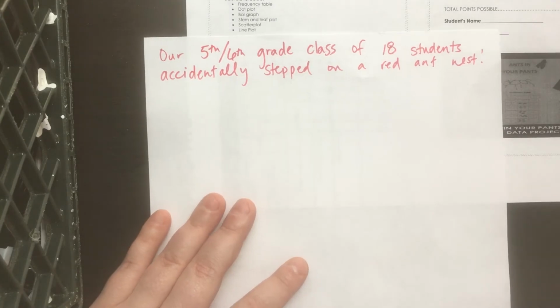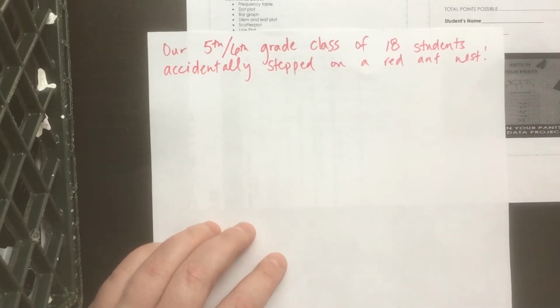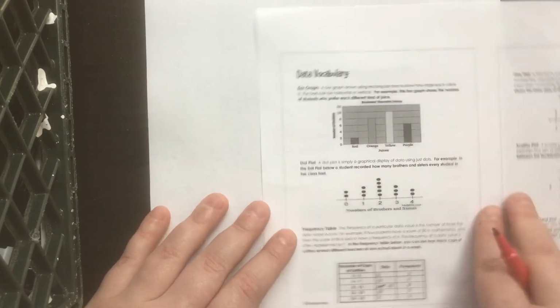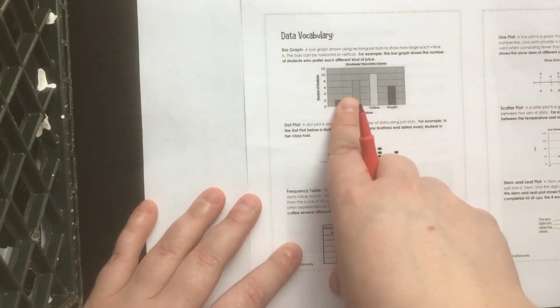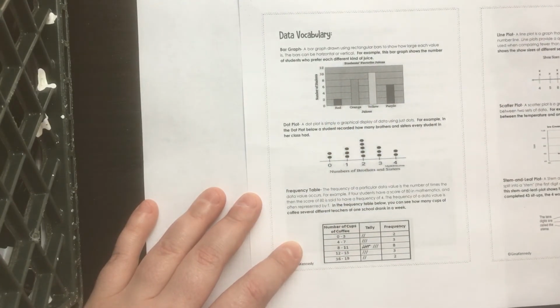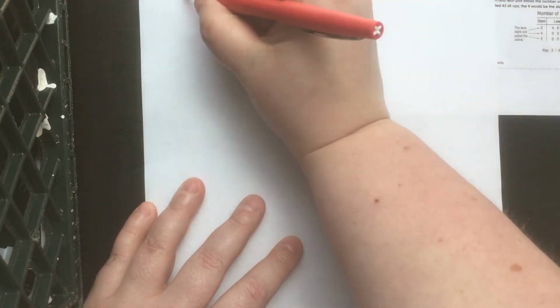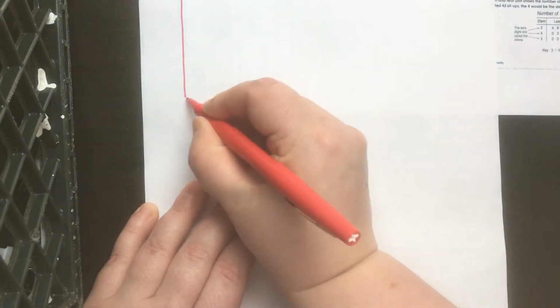Oh my gosh, that would be horrible, especially if everybody stepped on the red ant nest. So the first thing I'm going to do is I'm going to make a bar graph. All right, and for my bar graph, I'm going to represent the number of students.